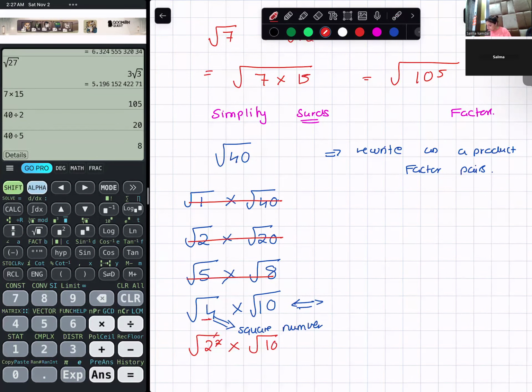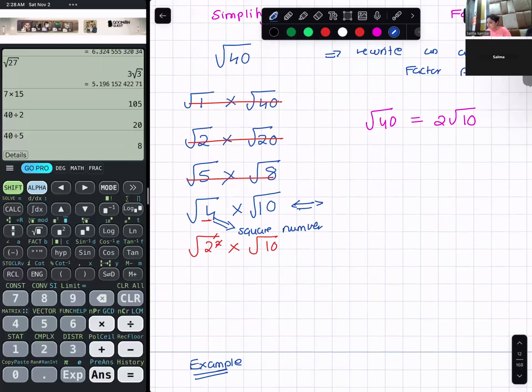The square and root would go away, and root 40 can be written as 2 root 10. So when I am simplifying surds, I write it as a product of its factor pairs. After I write the factor pairs, I see which factor is a perfect square, and then I simplify that part. Let's give you one more example. You can pause the video and then do it.